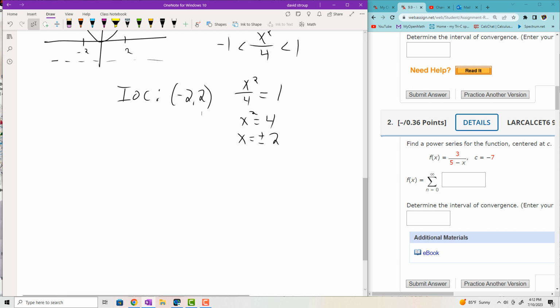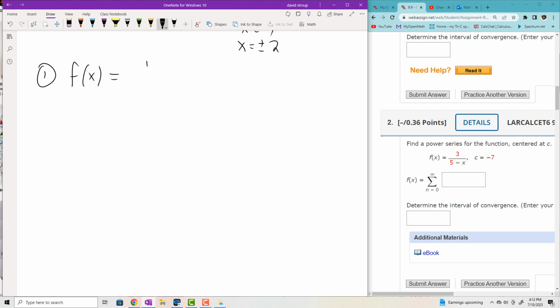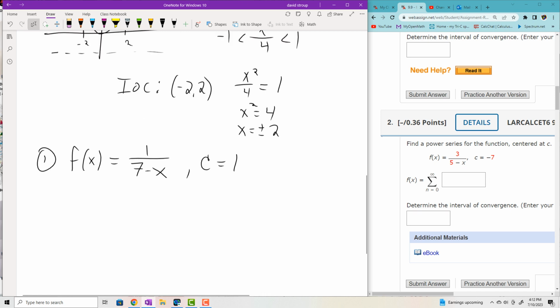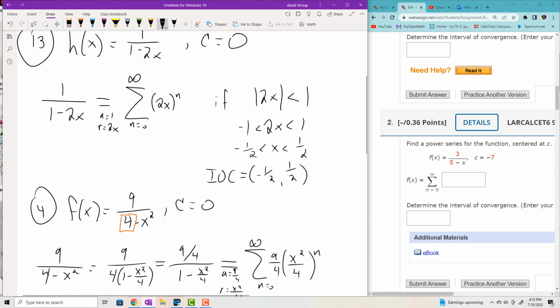Let's look at a shifted version. So now we can handle problem 1 in the homework if we do this. They want the power series representation for 1 over 7 minus x centered at 1. And this is craziness, right? I just make a side note here. I would 99% of the time want to work with this function as opposed to this series.